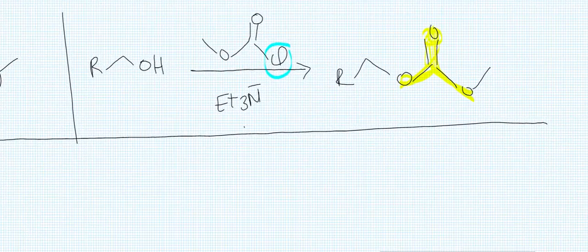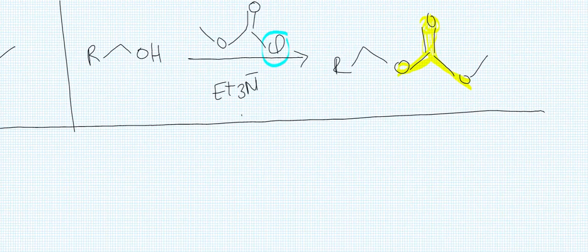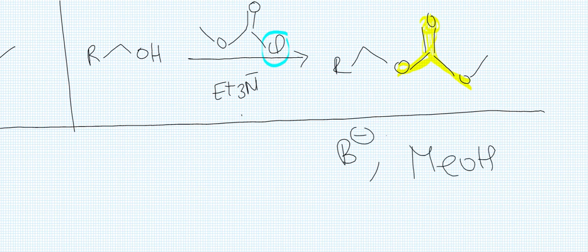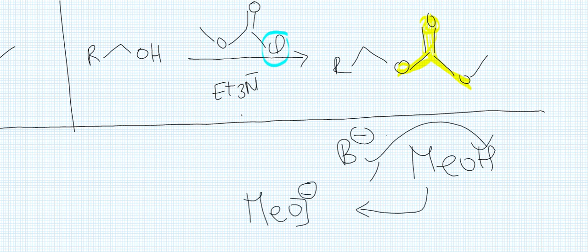And how about this one here, a carbonate? How can we deprotect a carbonate? It's quite the same. The first thing, we need a base, not a very strong base. It's okay, like a carbonate, maybe carbonates, it works too. And we need methanol. The base is going to react with the methanol to form methanolate, and then this charged molecule is going to act as a nucleophile and attack here.